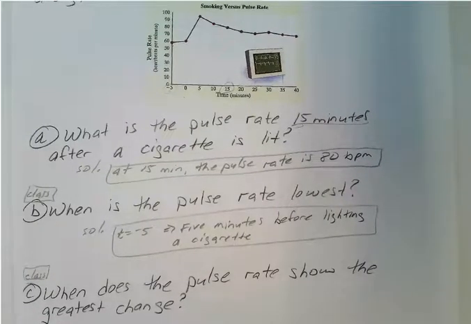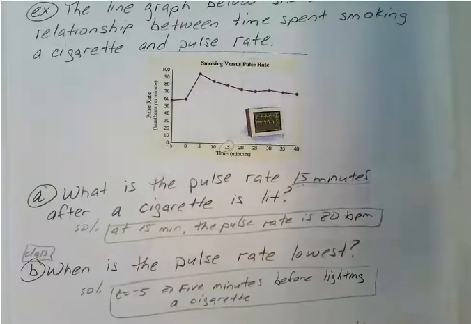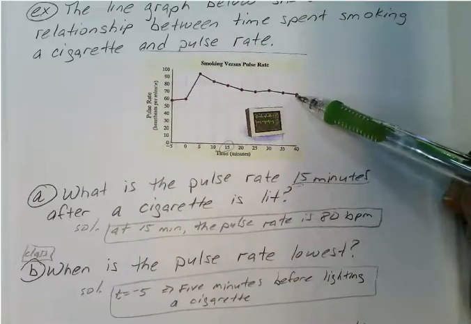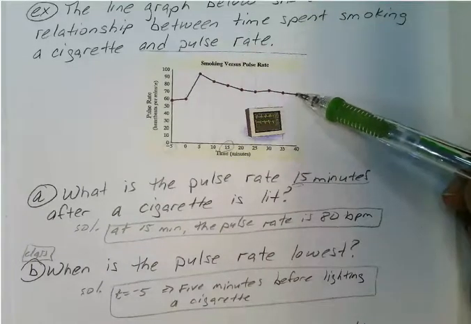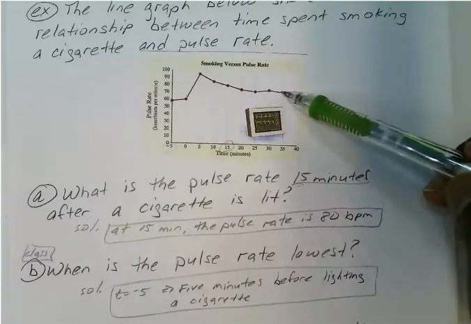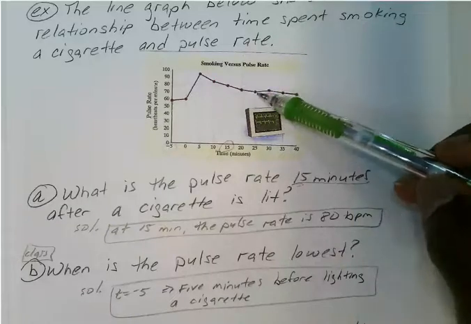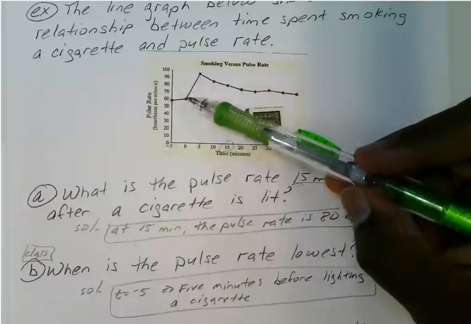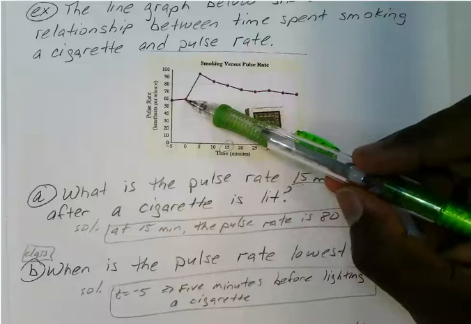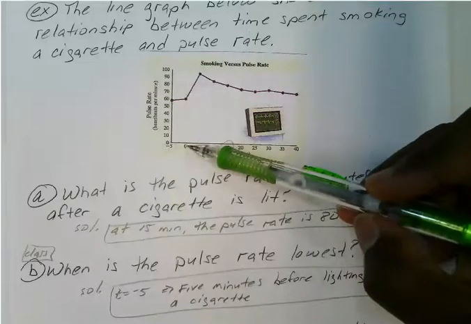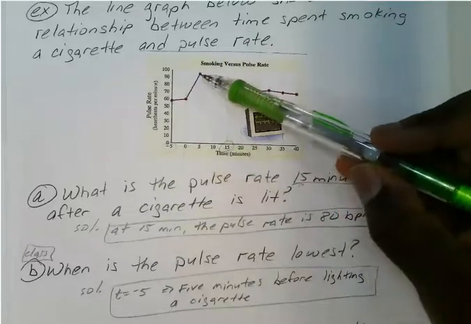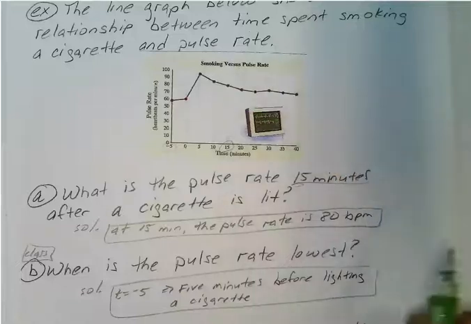Okay, so now we want to know, when does the pulse rate show the greatest change? Okay, so really that just means the biggest jump or fall. So we see here, this fell a little bit, this fell a little, that rose a little bit, that fell, that fell, that fell, that fell. But you see the biggest jump is when you first light it at t equals 0 minutes and that 5 minute mark.